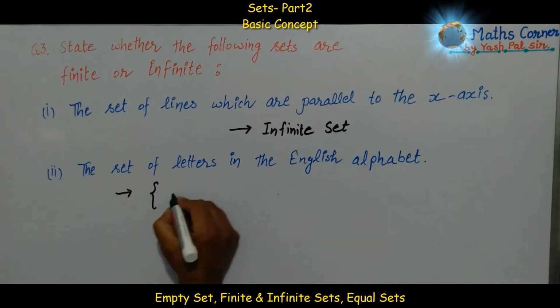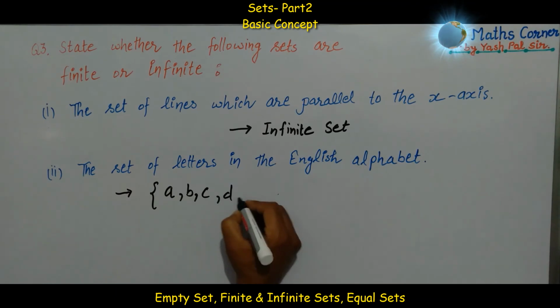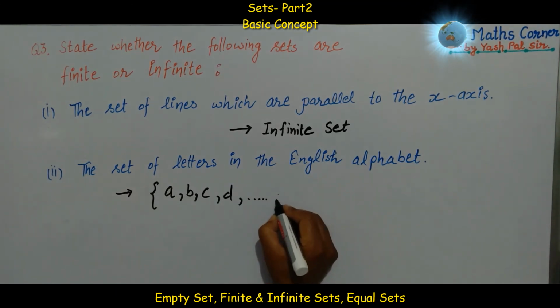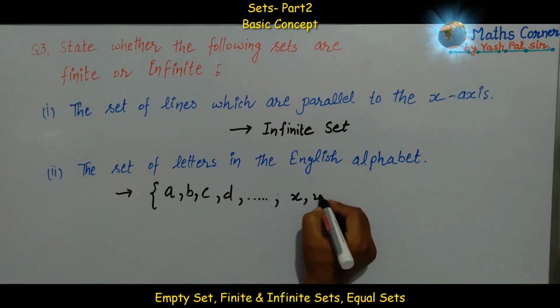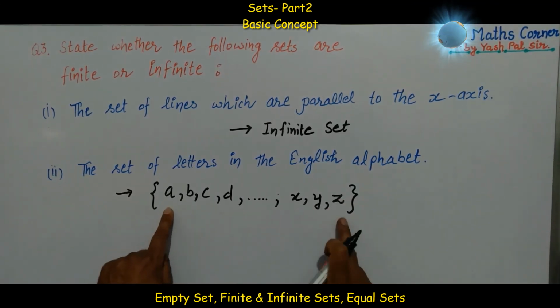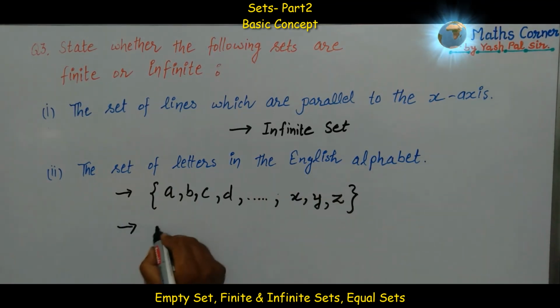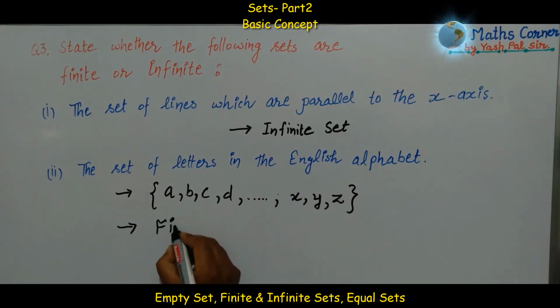They are A, B, C, D and so on, X, Y, Z. A total of 26 letters are there in the English alphabet. So the conclusion is, this set is a finite set.